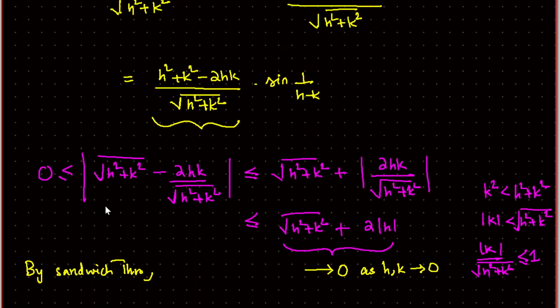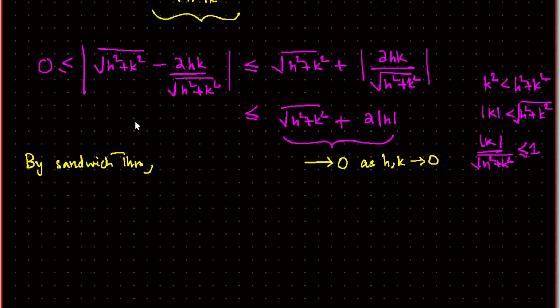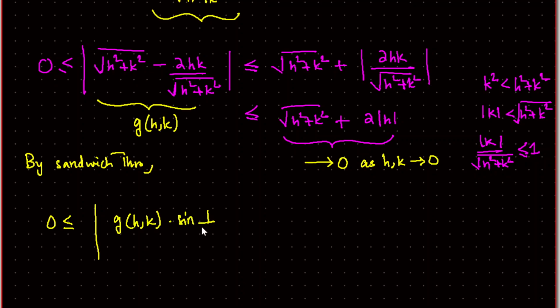So what we can say additionally is that, again by using the property that sine is less than or equal to 1, we can say 0 is less than or equal to the modulus of, so let me call this entire thing g of h comma k, g of h comma k times sine of 1 by h minus k, less than or equal to g of h comma k.